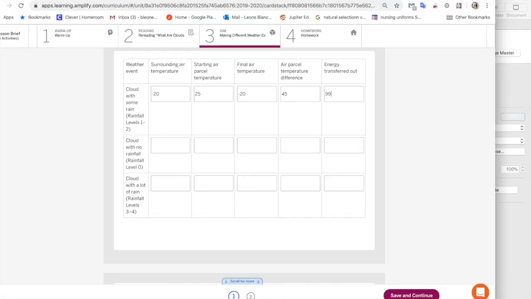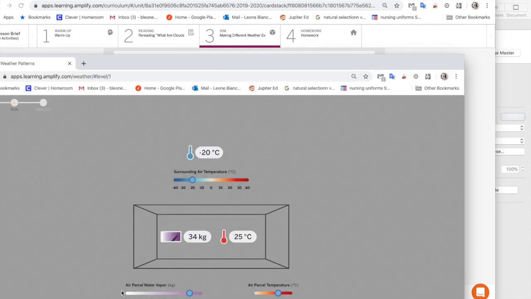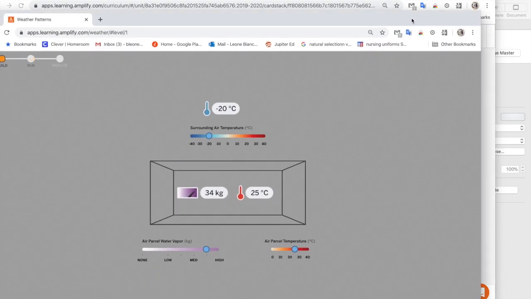Now I'm looking for less liquid. So I don't want there to be much of an energy loss. So I want there to be a similar energy difference. So what I'm going to do is make the outside air quite similar to the parcel of air that's coming up as water vapor. So we have negative 1 and 7, which is a very small difference.